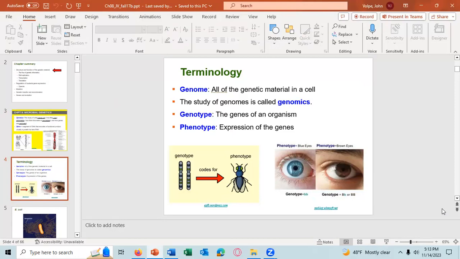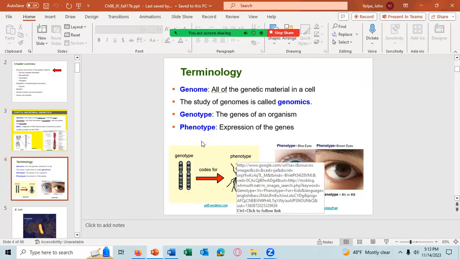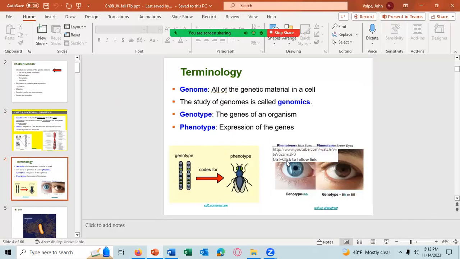For example, this individual has blue eyes, and that's the phenotype, the expression of the genes. The individual has the genotype lowercase b, meaning humans have 2 alleles or 2 genes for each physical characteristic if it's a simple genetic trait.